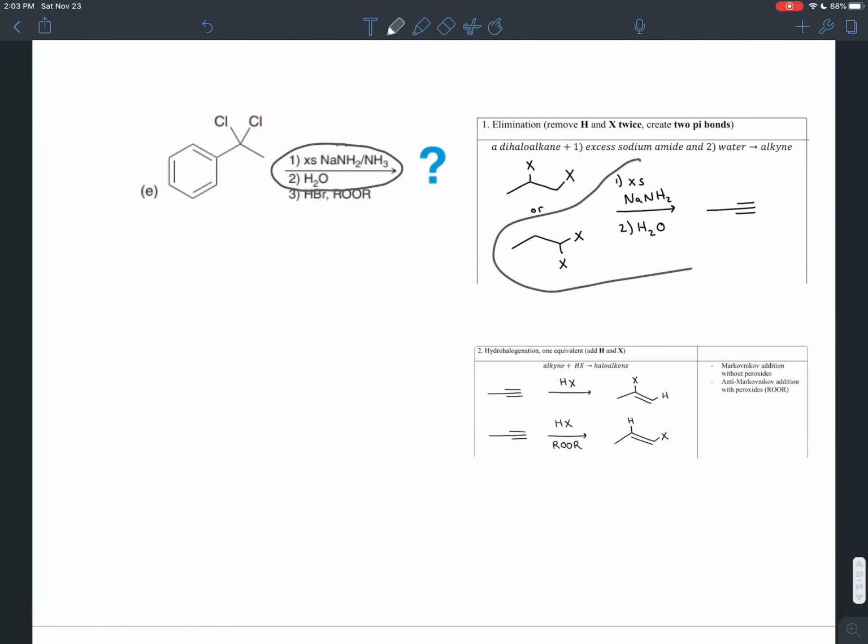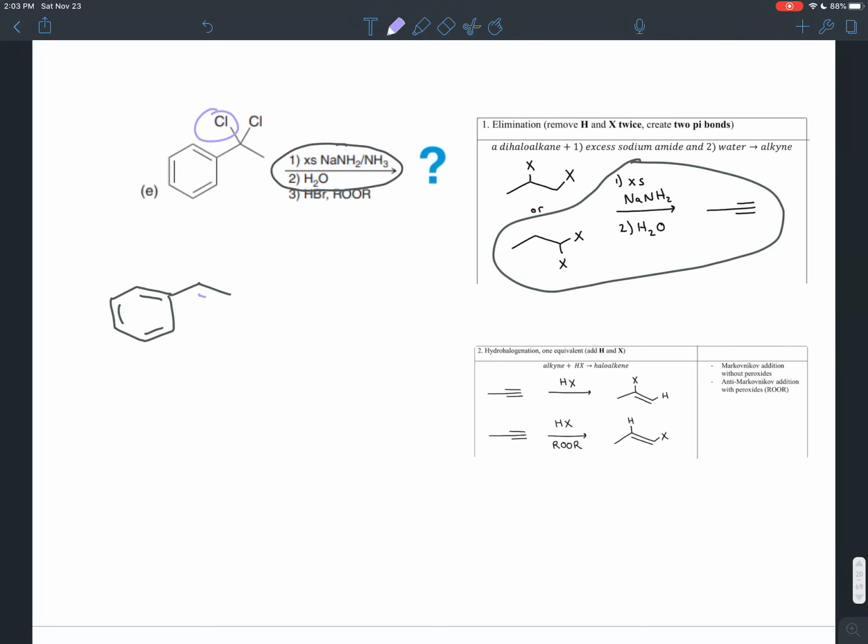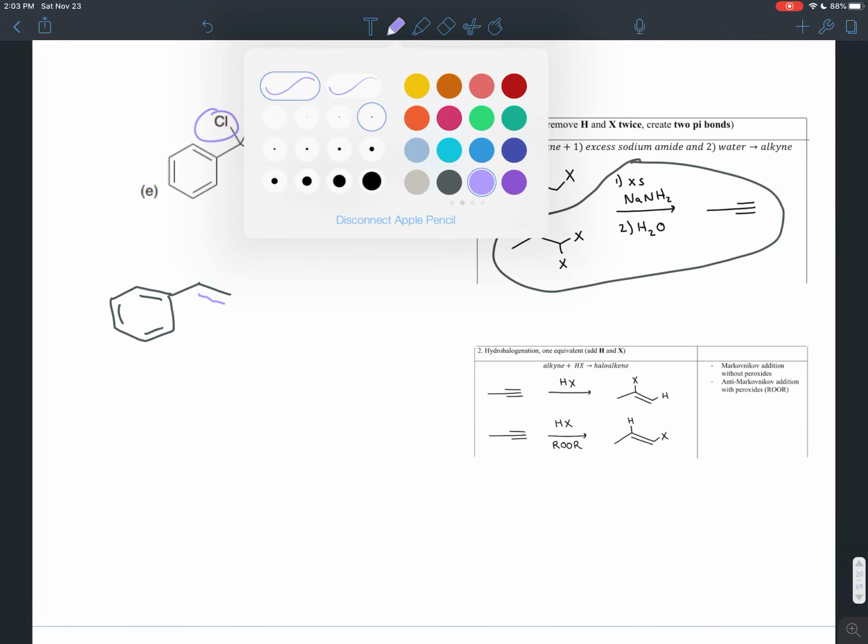And that's exactly what we did last time. That's an elimination. So we can take this molecule where the 2 halogens were. For each halogen, you could get a pi bond after you do the elimination.